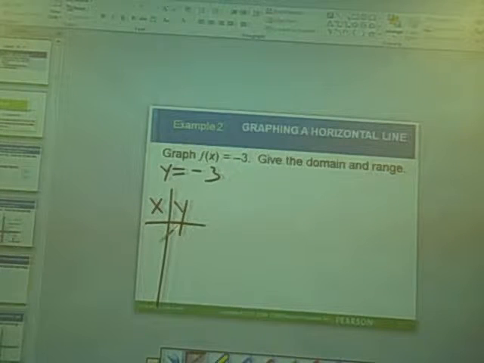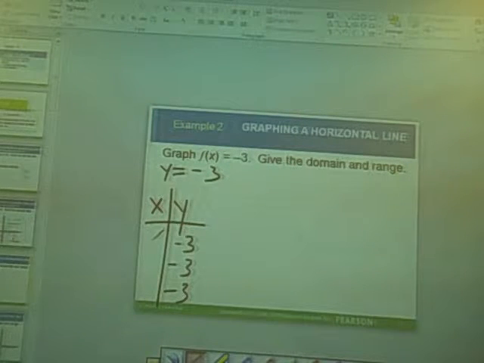Travis? Y. That's right, because y equals negative 3. So y is going to be negative 3 forever, right? And for x, you can put anything. Negative 3, 0, 2, let's say.